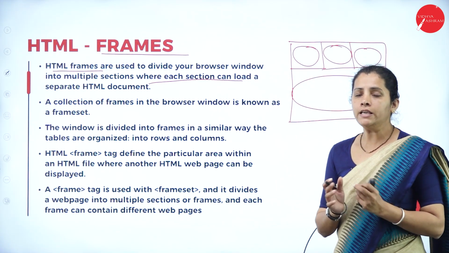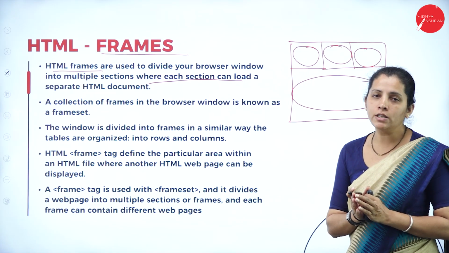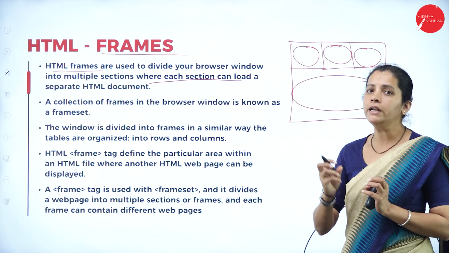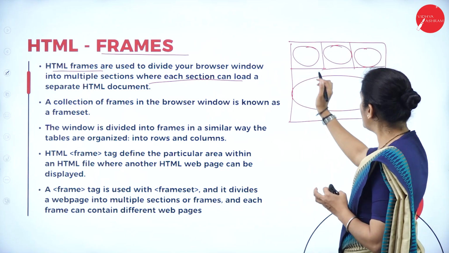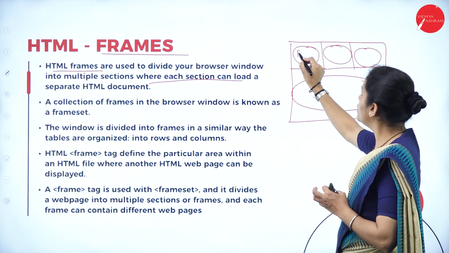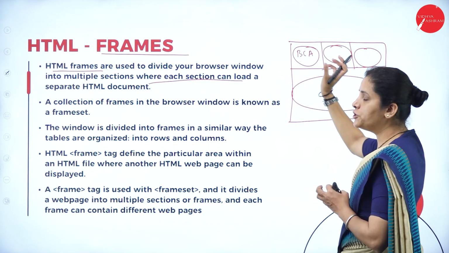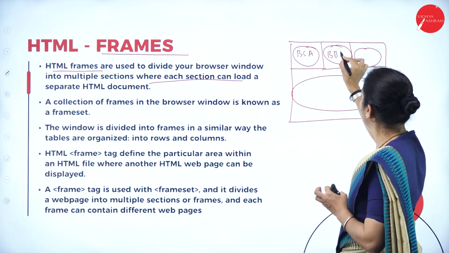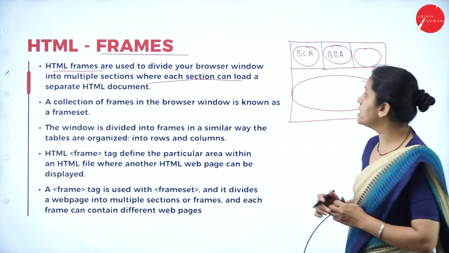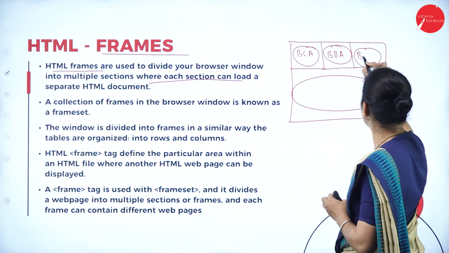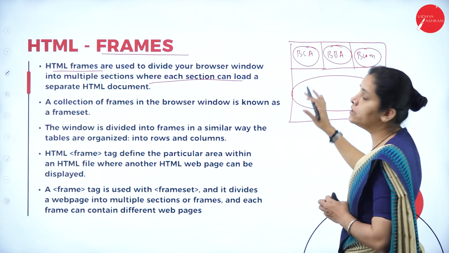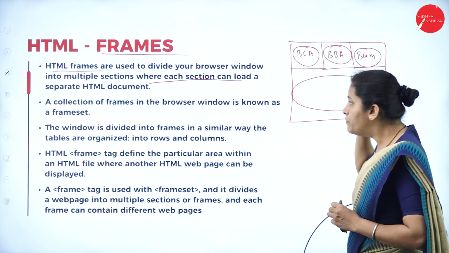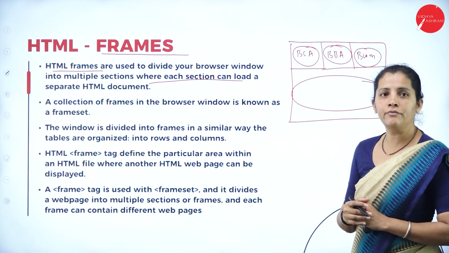Okay, fine. See here, I'm creating a college website and I want to display information about the different courses. In one section, I want to display BCA information, in another BBA information, and in another BCom information. And here, I want to display complete information about the college. For that reason, I'm using frames.